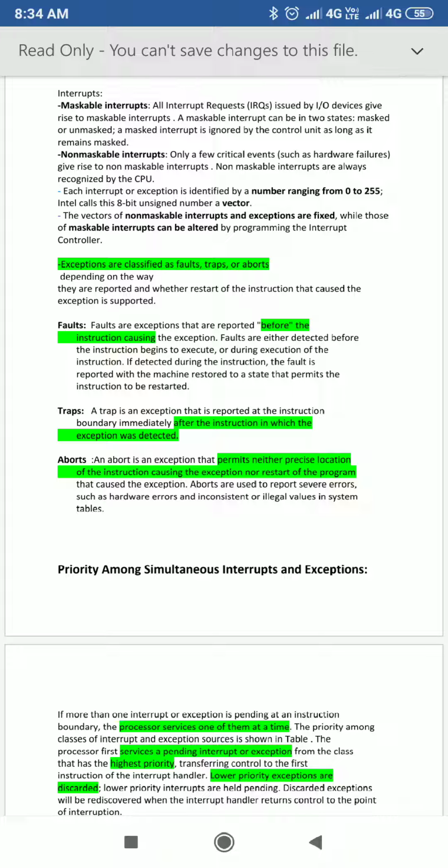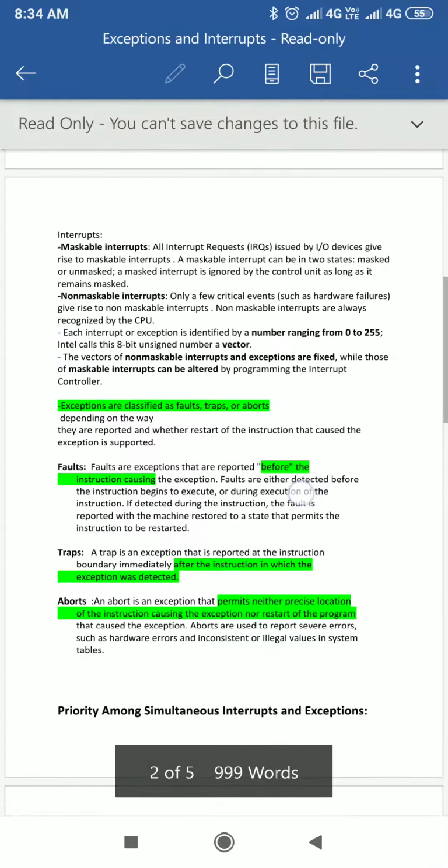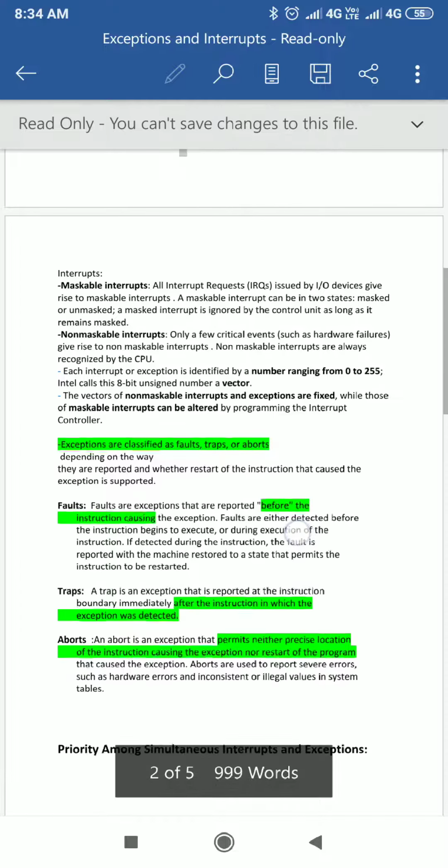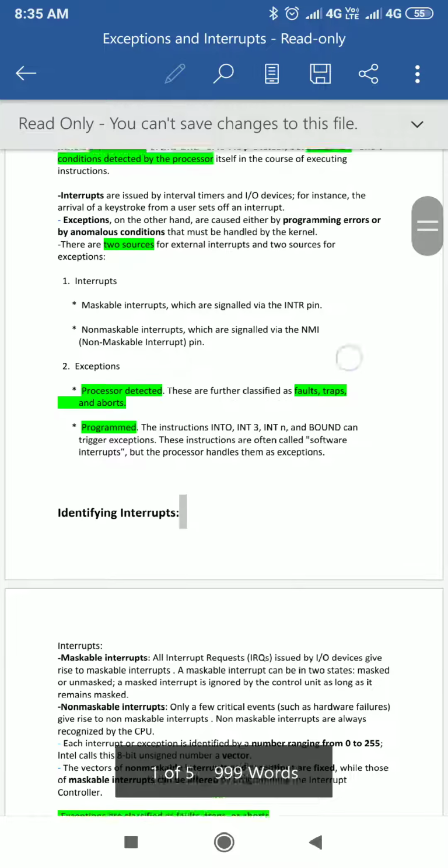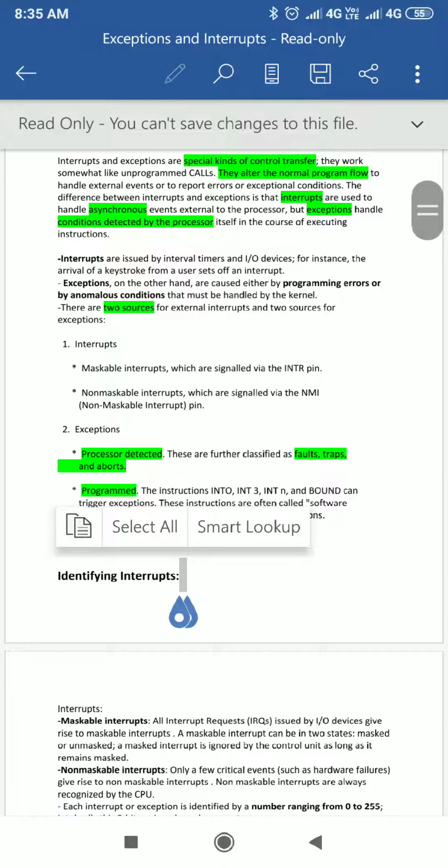Now, we can say that software interrupts are the same as exceptions. Exceptions are programming errors or any anomalous conditions that must be handled by the kernel.